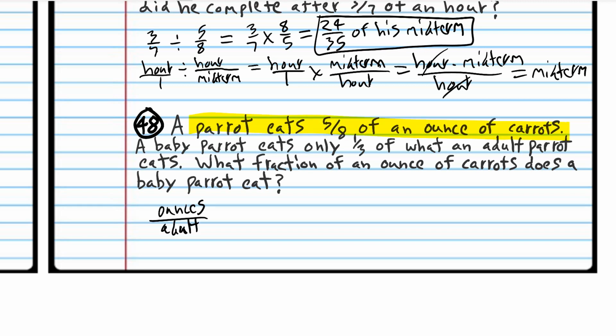And this other number is just going to be the fraction of adults, so that's just going to be adults, and those are going to be your units. So keep that in mind. All right, go ahead and attempt that problem, and when you're done, we'll come back and do it together.